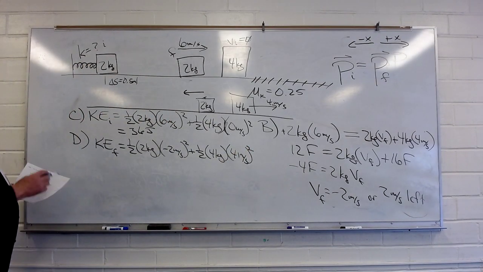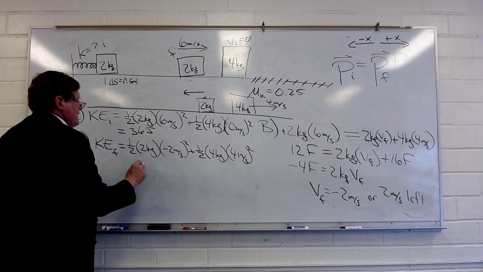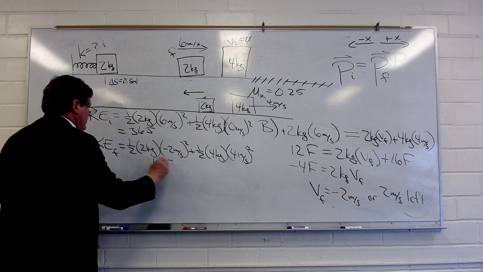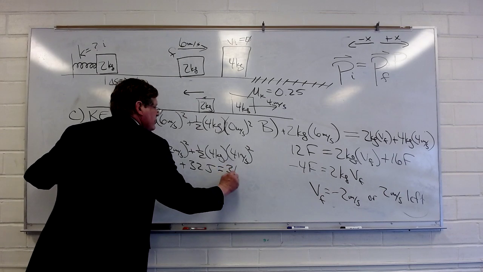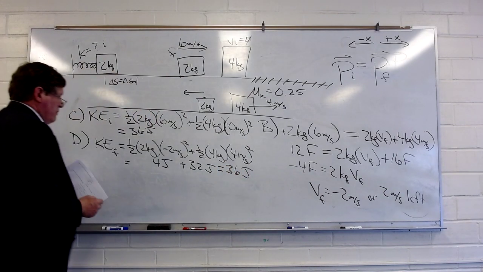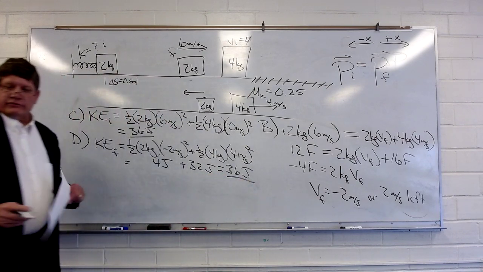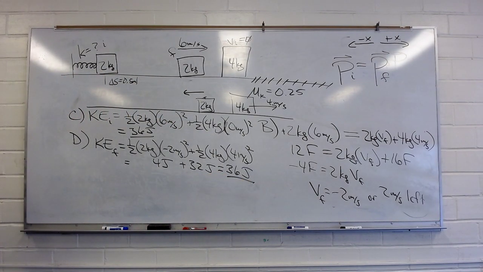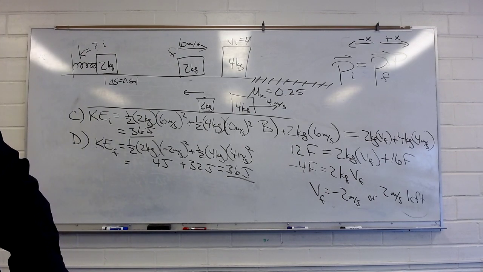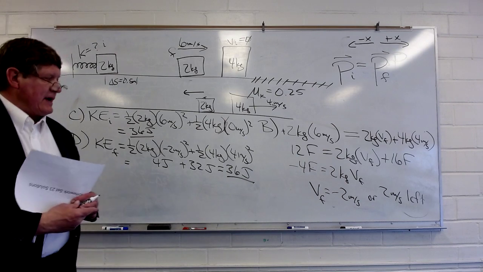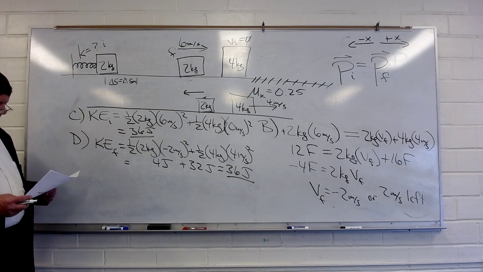And if I multiply that all out, what I get here is 4 joules plus 32 joules equals 36 joules. Well, looky here, I started with 36 joules and I ended with 36 joules. That means that this is an elastic collision. That's how we define an elastic collision, a collision where the mechanical energy is conserved. And in this case, it was.